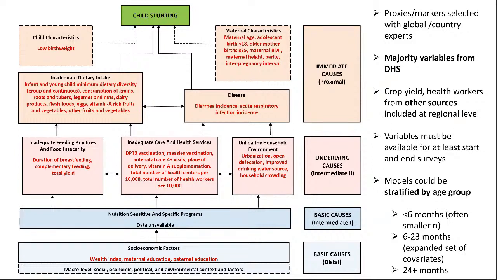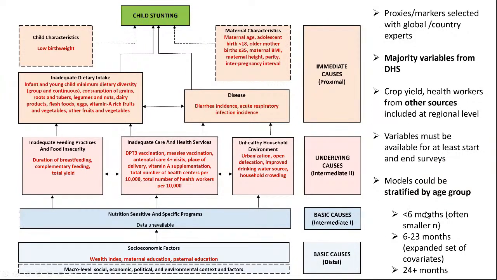Just wanted to point out that the proxies and markers that we selected here were chosen with global experts and also country experts, based on the unique stunting situation and what we thought were some of the key drivers. The crop yield and health worker variables did come from other sources, and we include them as regional level factors in the data set.